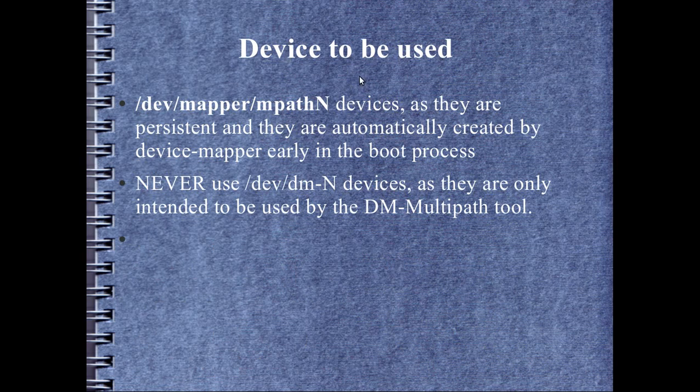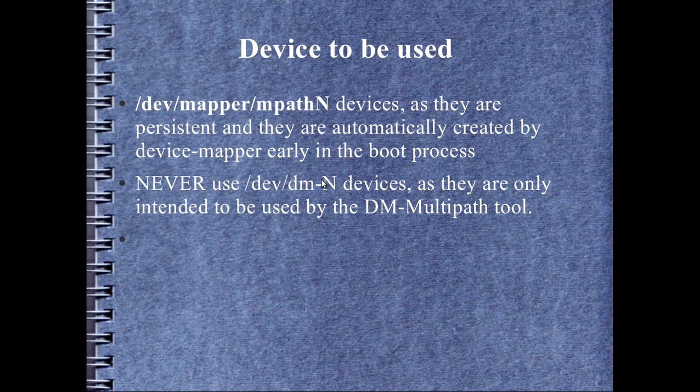Okay, this is also an important question that we are going to see in the lab. If we are creating or installing multipath, it creates devices /dev/dm-N: dm-1, dm-2, dm-3. These devices should never be used directly because they are intended to be used by the DM multipath tool.